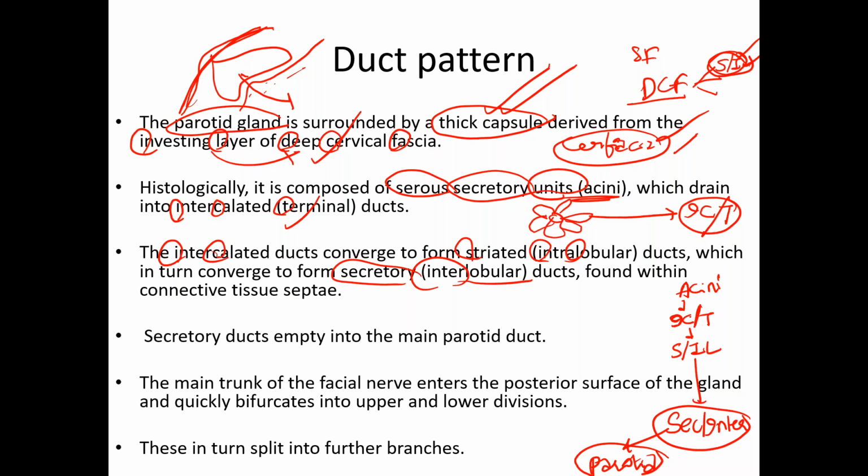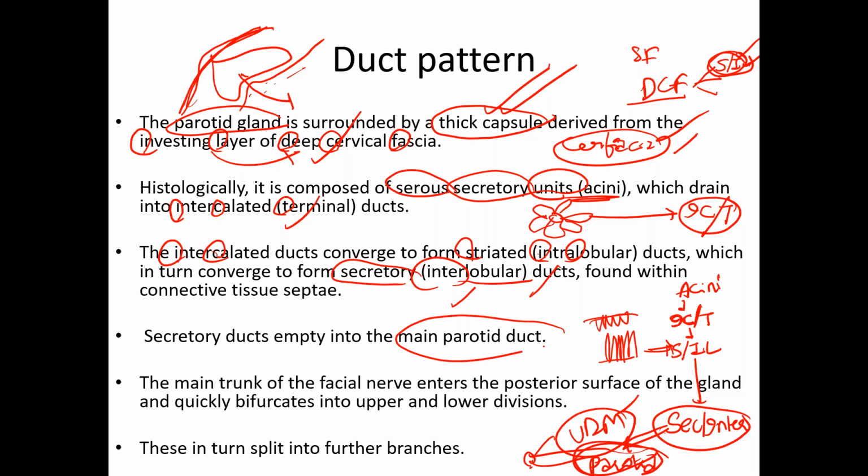They go into striated or intralobular ducts, which converge to form secretory or interlobular ducts. So these are the striated ones, these are the secretory ones, and at the end of the day, they go into the parotid duct. The parotid duct opens at the level of the upper second molar.